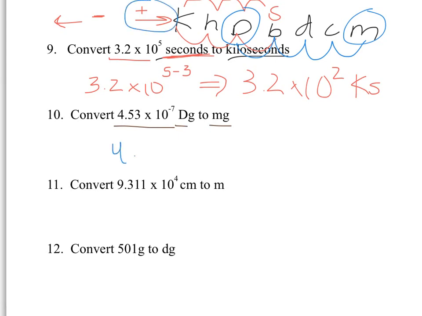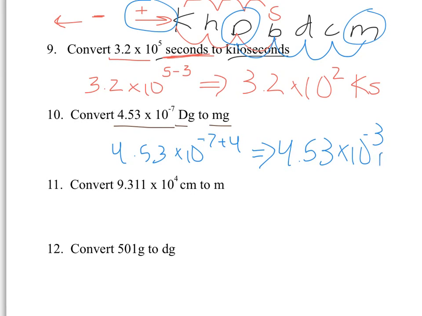So we're going to take 4.53 times 10 to the negative 7th, and I'm going to add 4 to that. Well, what's 4 plus negative 7? It's negative 3. So 4.53 times 10 to the negative third, and now in units of milligrams. Again, that quick. Let's do one more to finish it off.